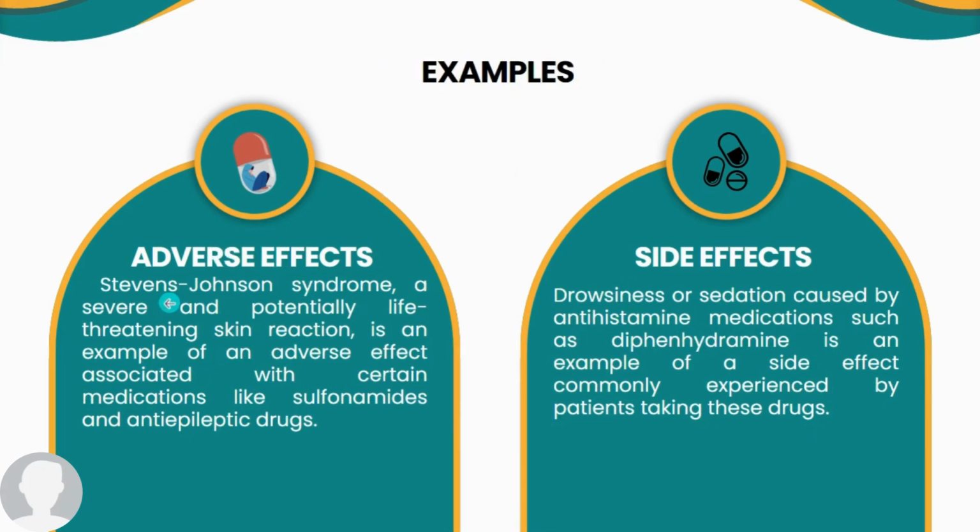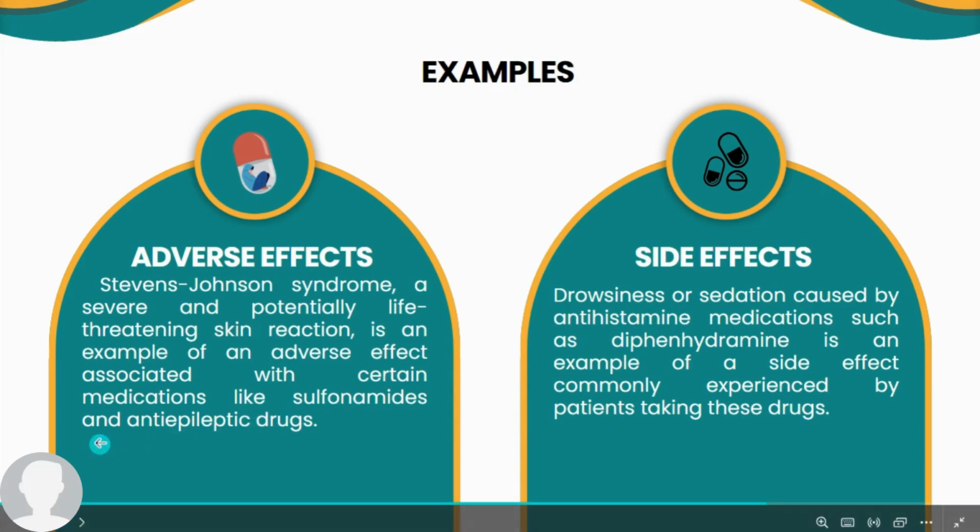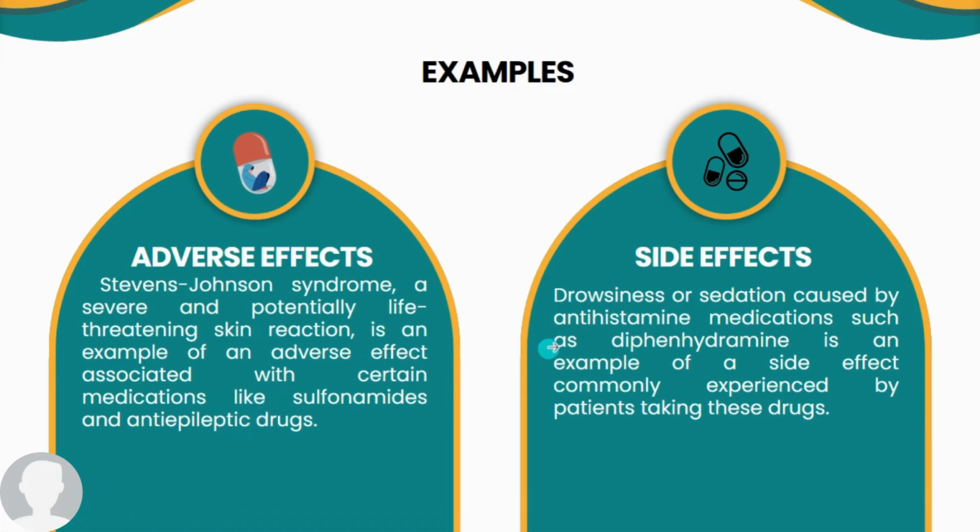Examples: Adverse effects. Stevens-Johnson syndrome, a severe and potentially life threatening skin reaction, is an example of adverse effect associated with certain medications like sulfonamide antimicrobial drugs and anti-epileptic drugs and many other classes.